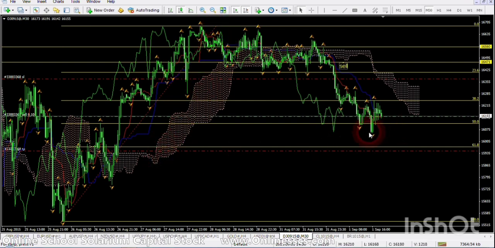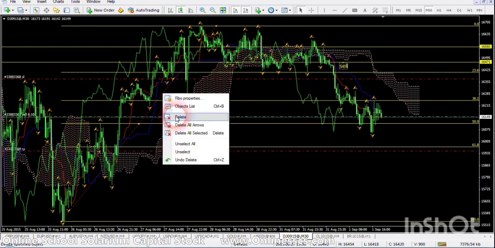One of the things that I said was to combine Ichimoku with other tools, like Fibonacci. Here, if I do a sell position and my Ichimoku gave me a sell signal, I should get my pivots more precisely according to my Fibonacci.